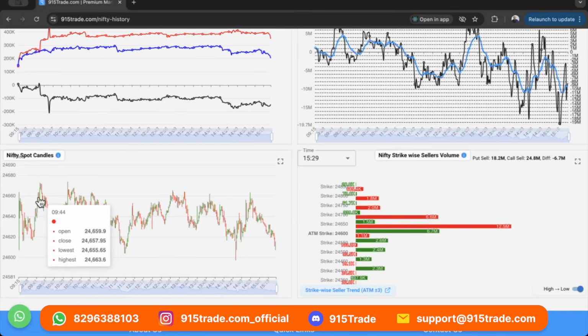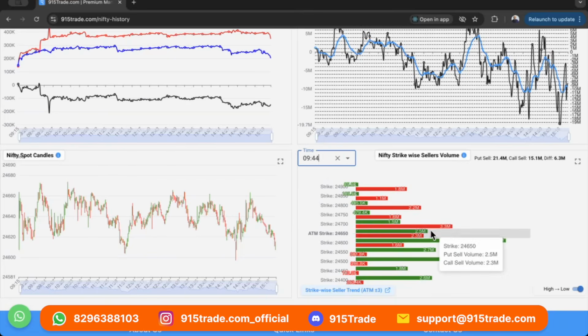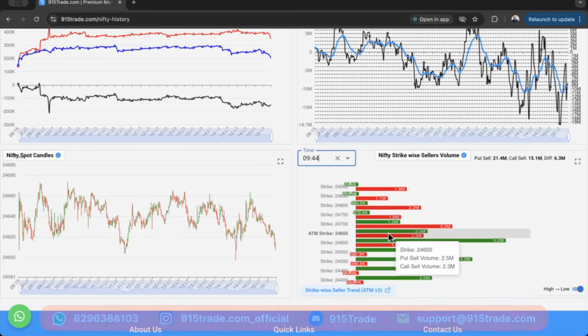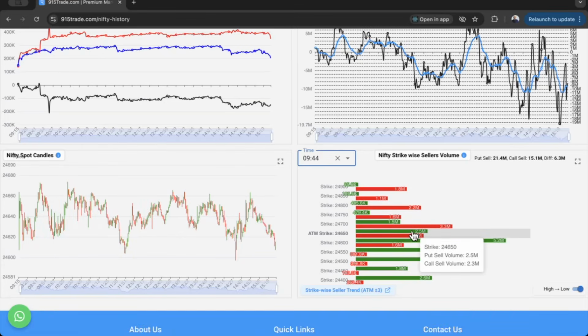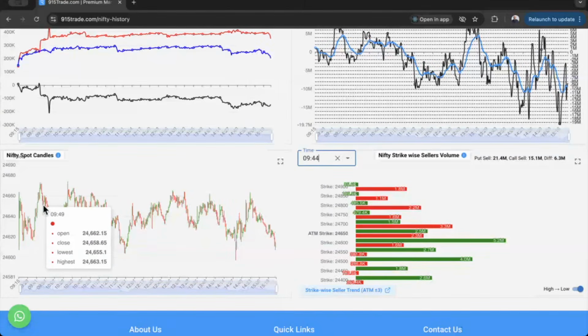When the price reaches 24,650 at 9:44, the question is, do you think it has enough power to go to 24,700 or not? You do your analysis based on this. Decide whether you think it has enough potential. You'll also have to click on it and see who is raising and who is falling. You have to decide whether it has enough potential to go to the next 50 or not. Based on that, you are either taking a call buy or a put buy.